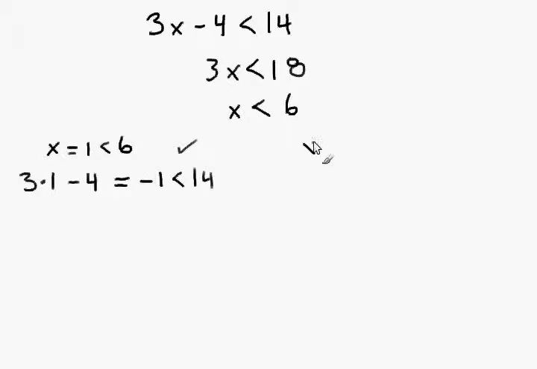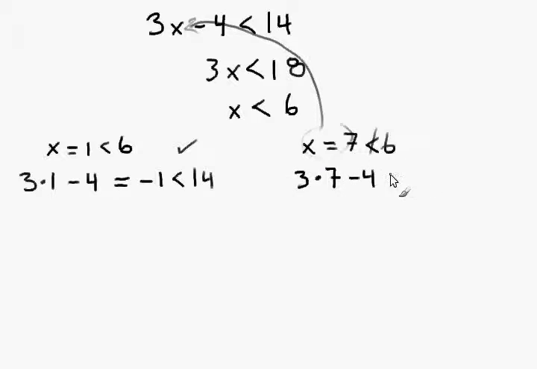Now let's try something like x is equal to 7. 7's not less than 6. And we're going to take that, again, substitute it in for x and see what we get. 3 times 7 minus 4. That's 21 minus 4, which is 17.